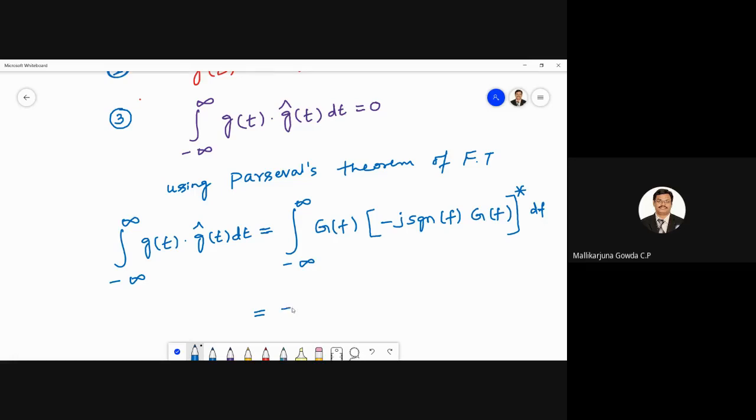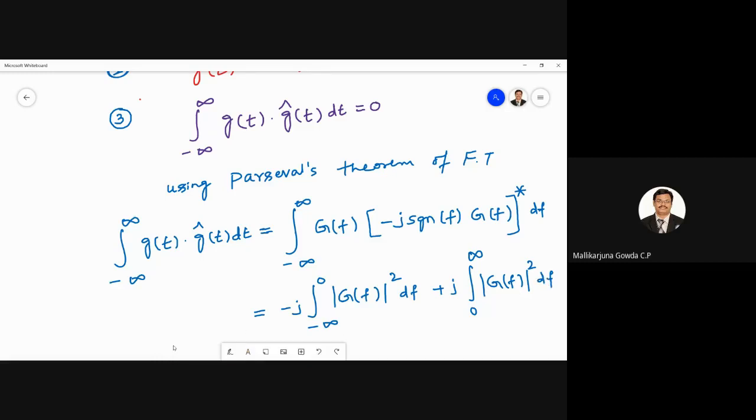So I can write it as minus j times the integral from minus infinity to 0 of the magnitude square of G(f) df, plus j times the integral from 0 to infinity of the magnitude square of G(f) df. So with this, what can I say?